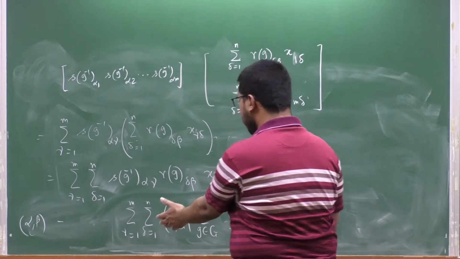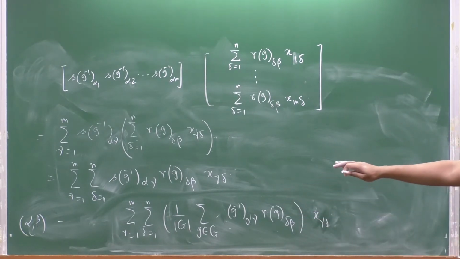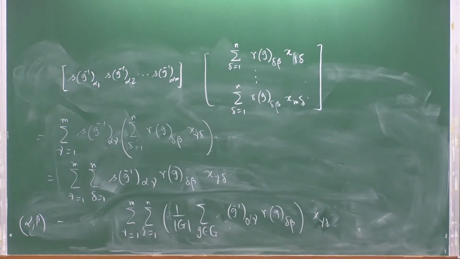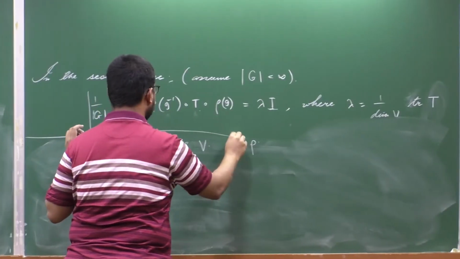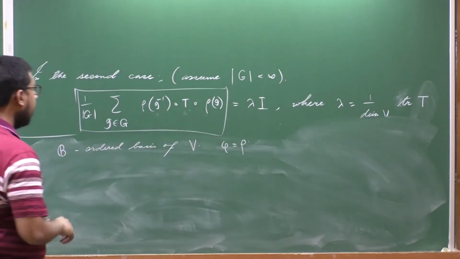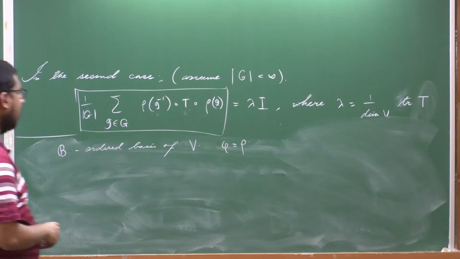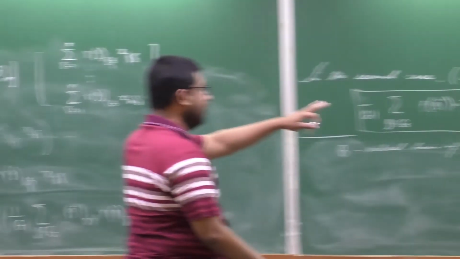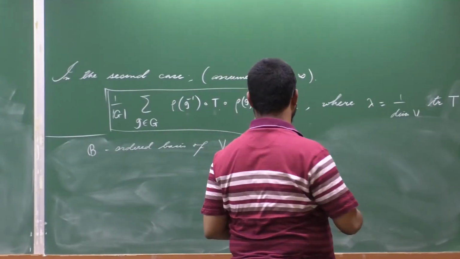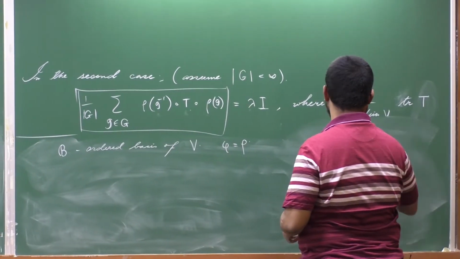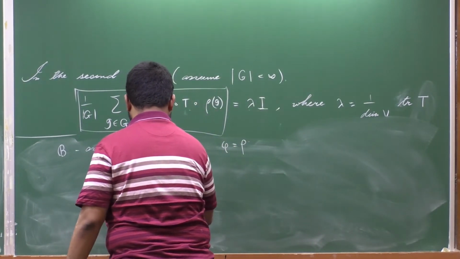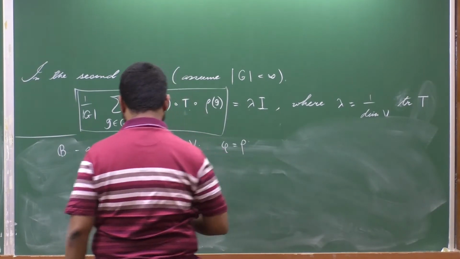This is the coefficient at the alpha beta part of the matrix representation of this, right. Now, since this is just lambda times the identity, and lambda is 1 by n trace t, here lambda is 1 by n times trace t.